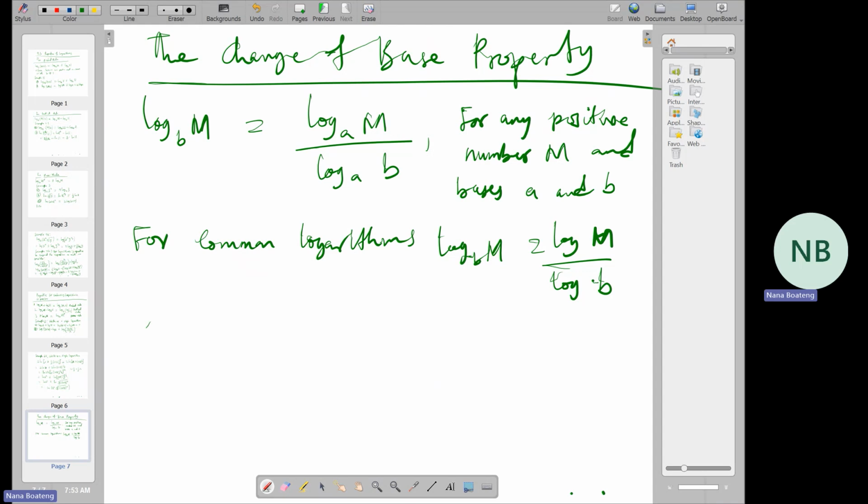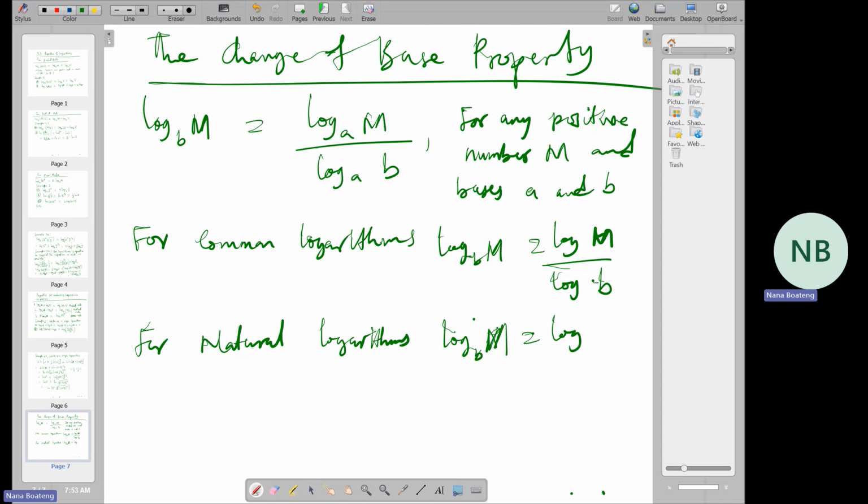And for natural logarithms, we have log to the base b of m is equal to the natural log of m divided by the natural log of b.